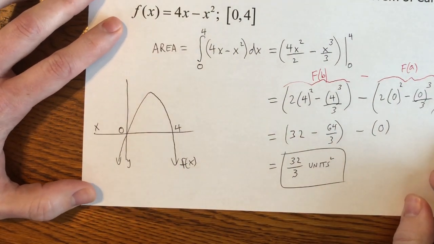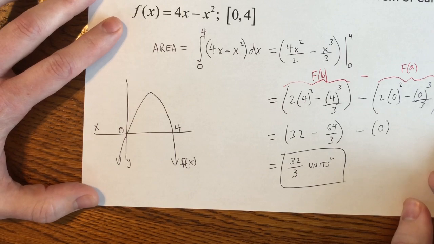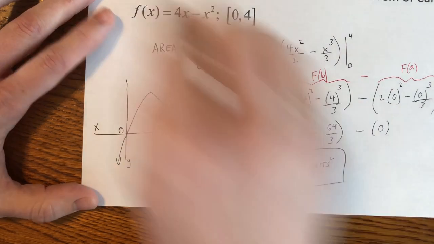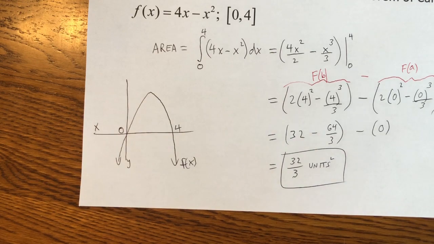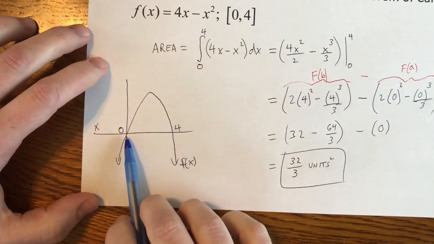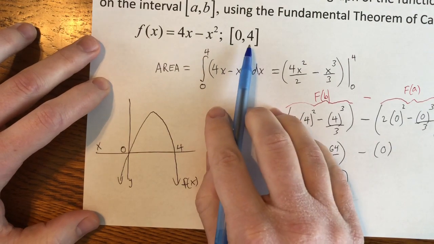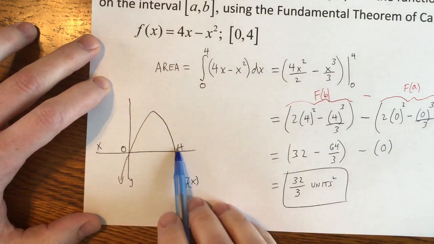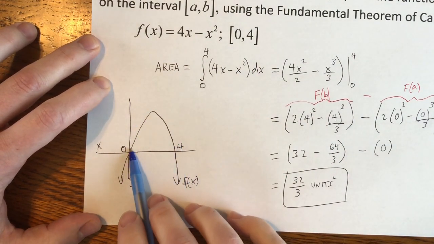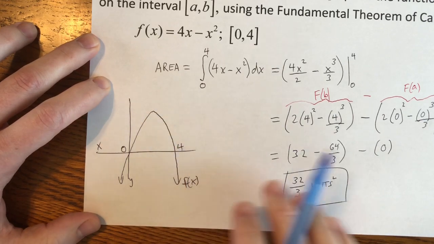Well, the reason why it is actually the area in this case is because if you look at the graph of this curve over the closed interval from 0 to 4, the entire curve on that interval is above the x-axis.